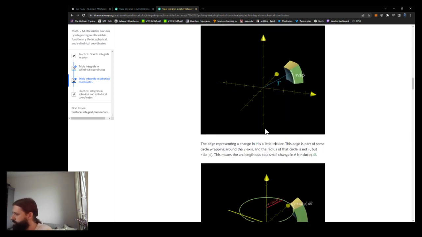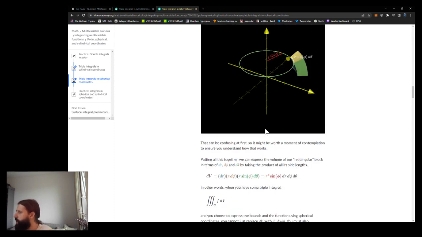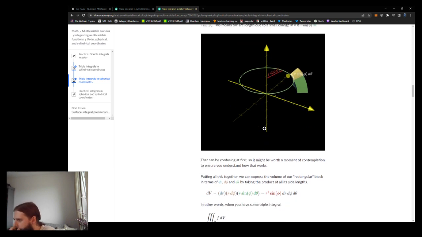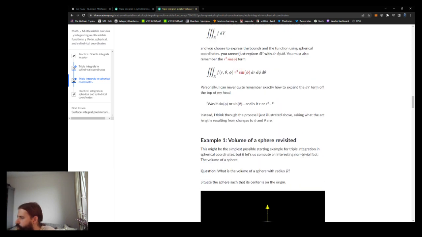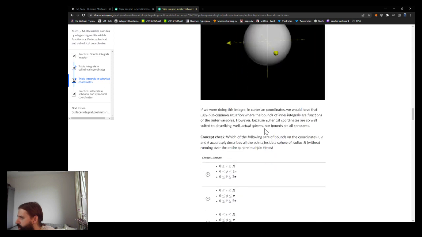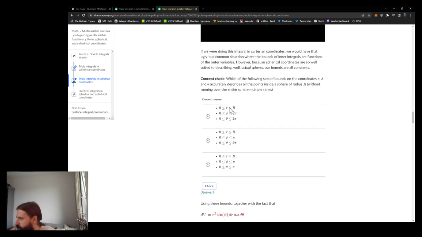Okay, so I would say that r goes, yeah, I would say that's wrong. But essentially you could also do it the other way around. It doesn't matter which one. I think it doesn't matter, right?